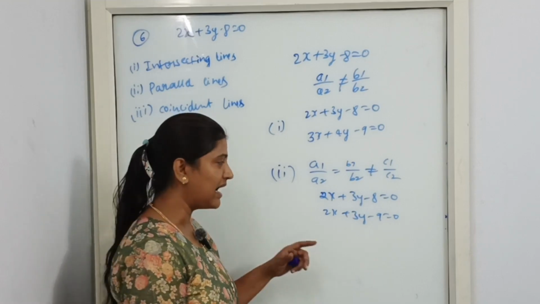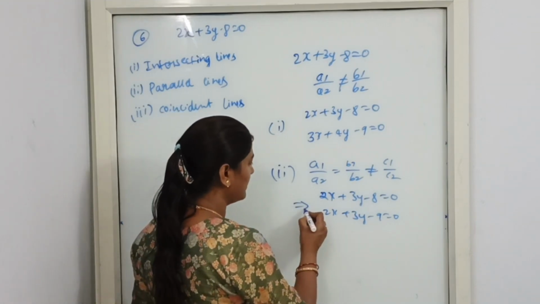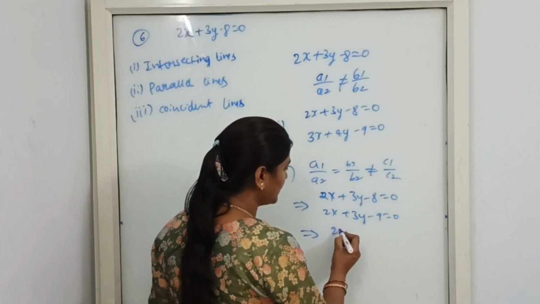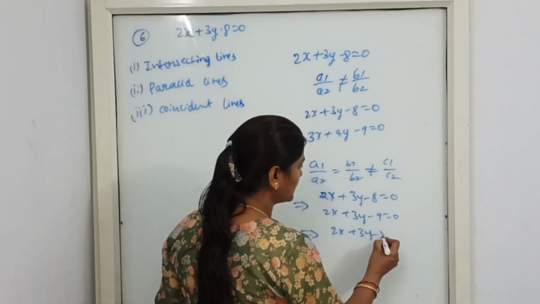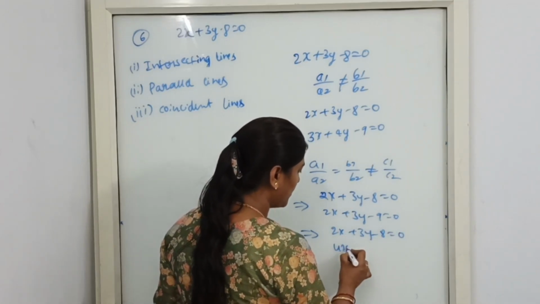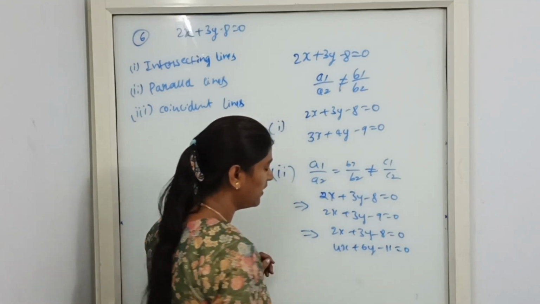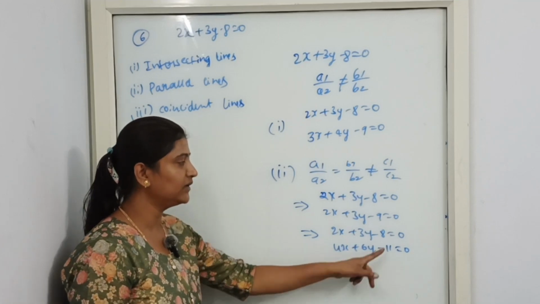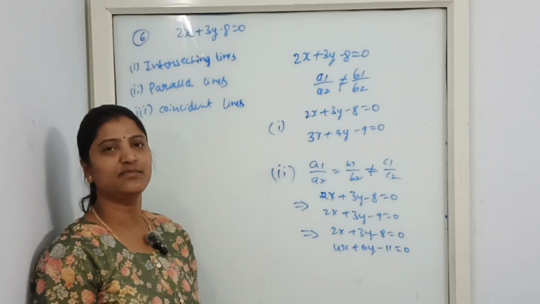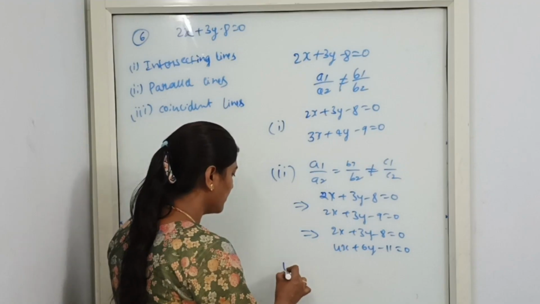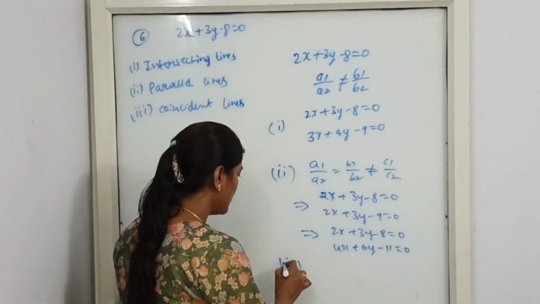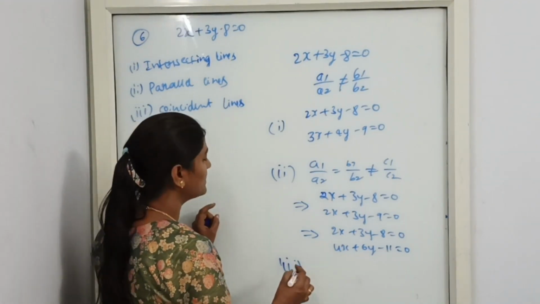Or else, if you want a fraction form, one more method I will show. You can write 4x plus 6y minus 11 is equal to 0. It will come 1 by 2 and this is not equal. So like this, many ways you can go through. The last one is coincident.